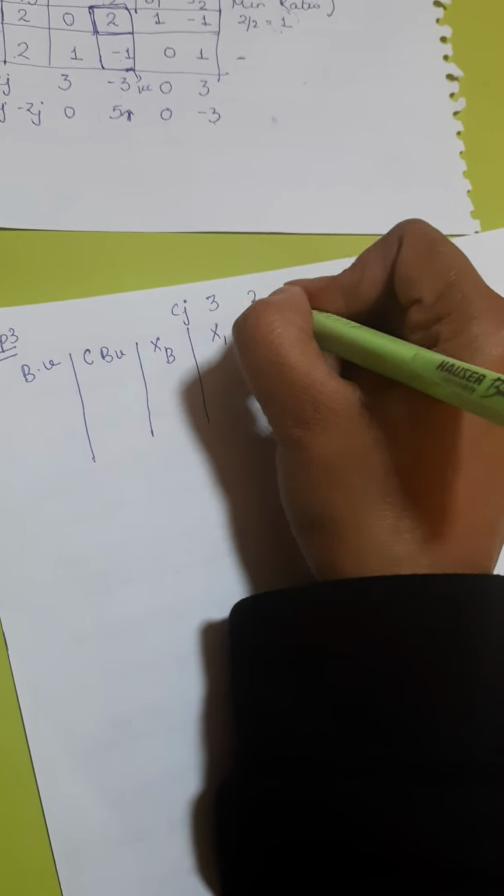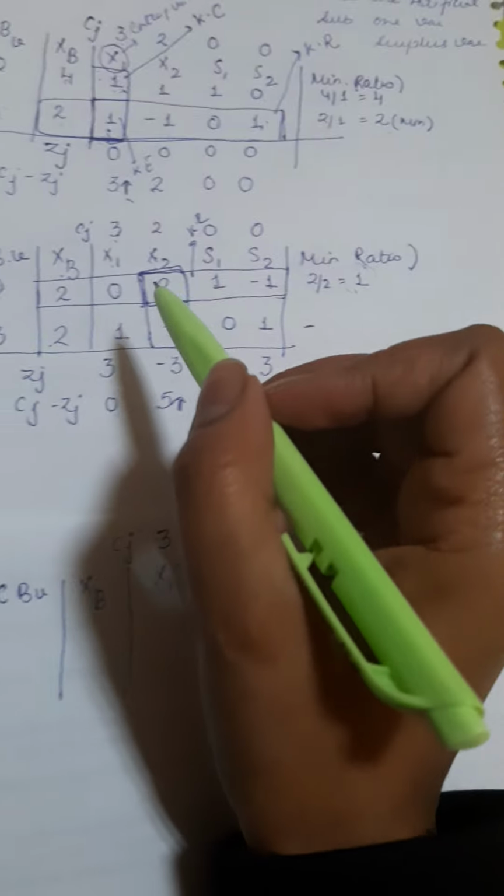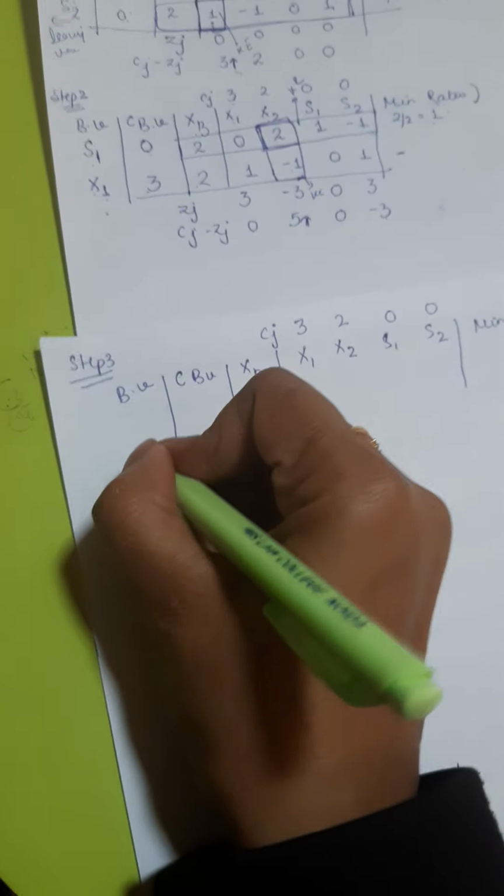This is by default the same Cj, that is 3, 2, 0, 0, right? In this particular step, x1 is by default the same.